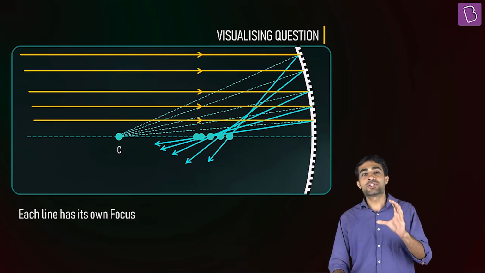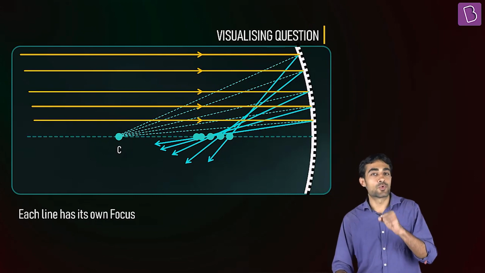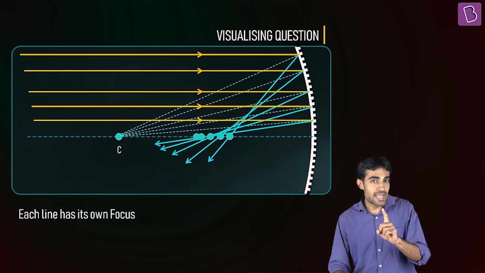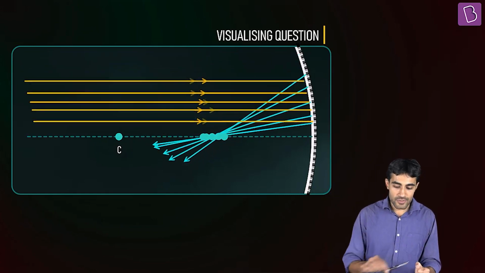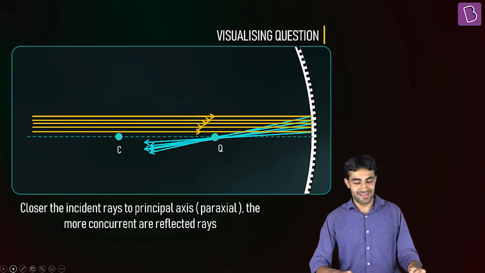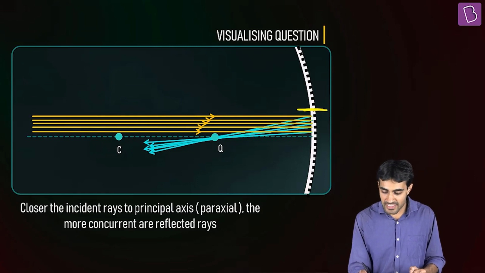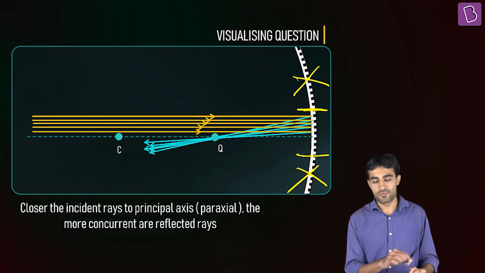Then aperture plays a really crucial role. What I will do is reduce the aperture. See, this is how I reduce the aperture. In this portion only, I will use the mirror, and the rest of the mirror I will remove. So this portion is removed.